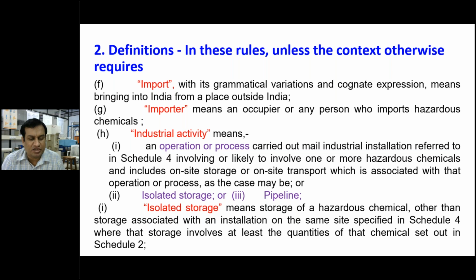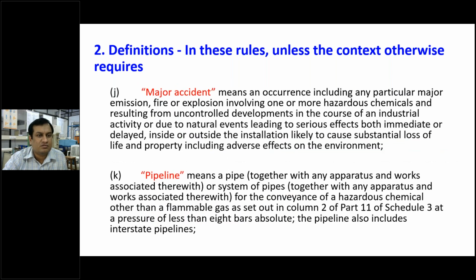So the maximum quantity which the factory can store in the same premises, the storage of that particular hazardous chemical with that threshold quantity is called isolated storage. So normally these chemicals are stored in isolated places.